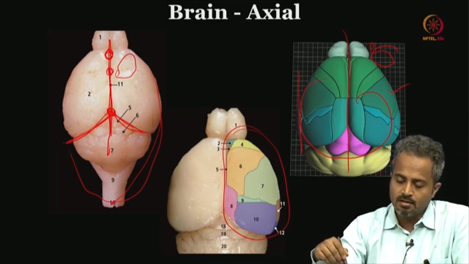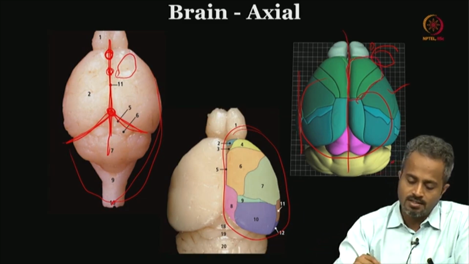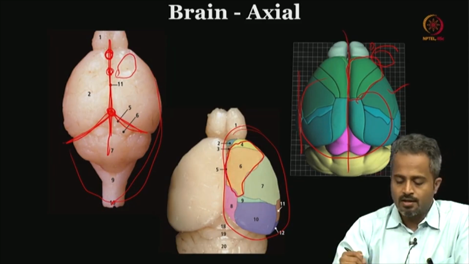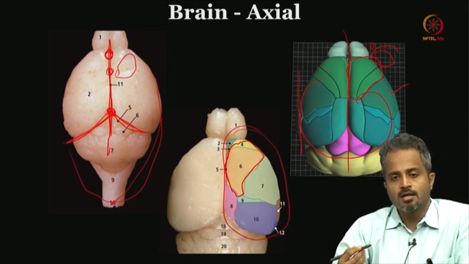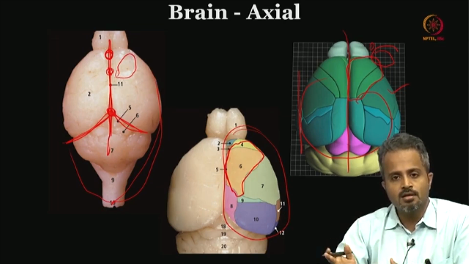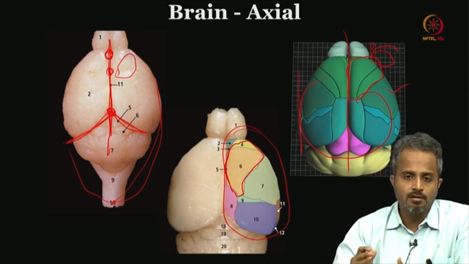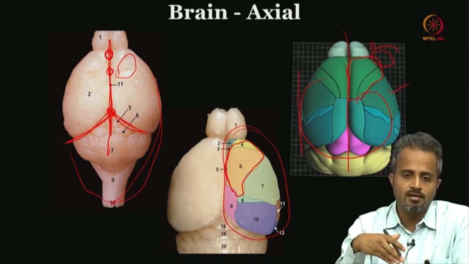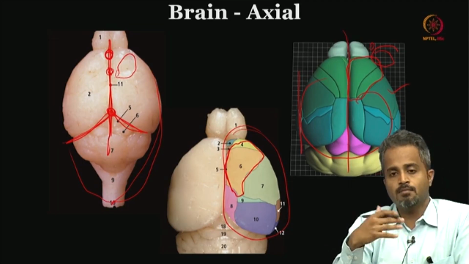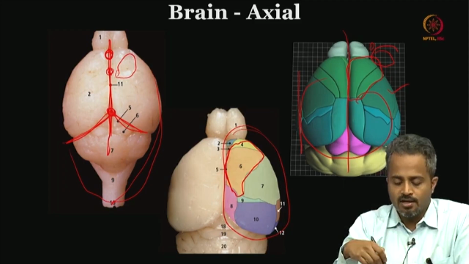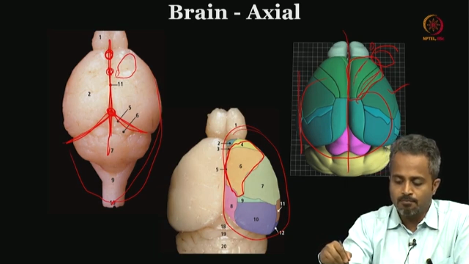Let me explain first. Here you can see this entire area is the motor cortex of the rodent brain. Again there are various subdivisions, and it is important to remember because many of you might deal with primary motor areas, and there are experimental models which involve mostly secondary motor areas, which are involved in planning the movement. The final execution happens in the primary motor strip, that is M1, and that is M2.